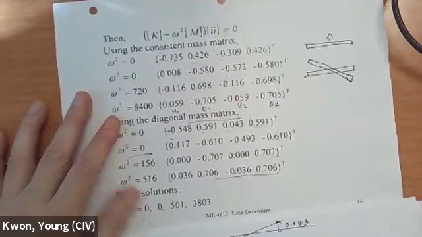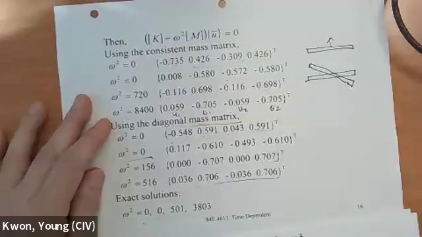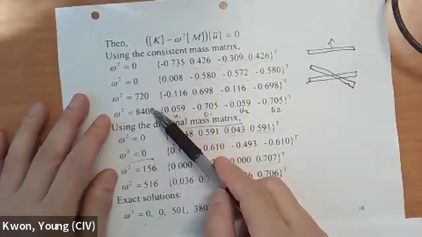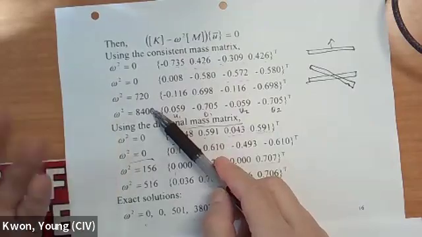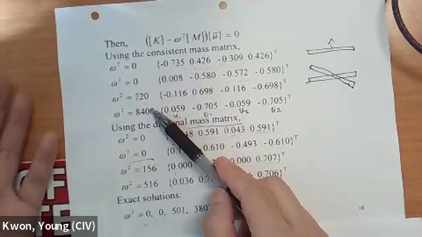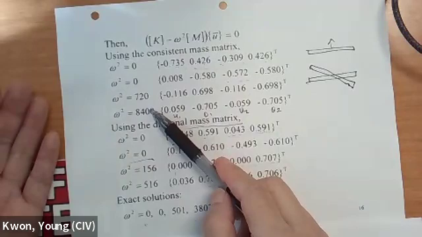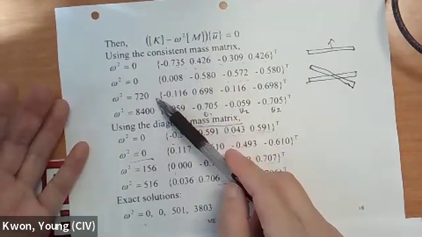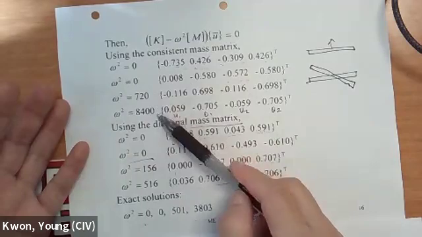Another thing is that in this eigenvalue problem, depending on the number of degrees of freedom, if you have 1,000 degrees of freedom, then you are going to have 1,000 eigenvalues. But finding eigenvalues, even numerically, is computationally time consuming.